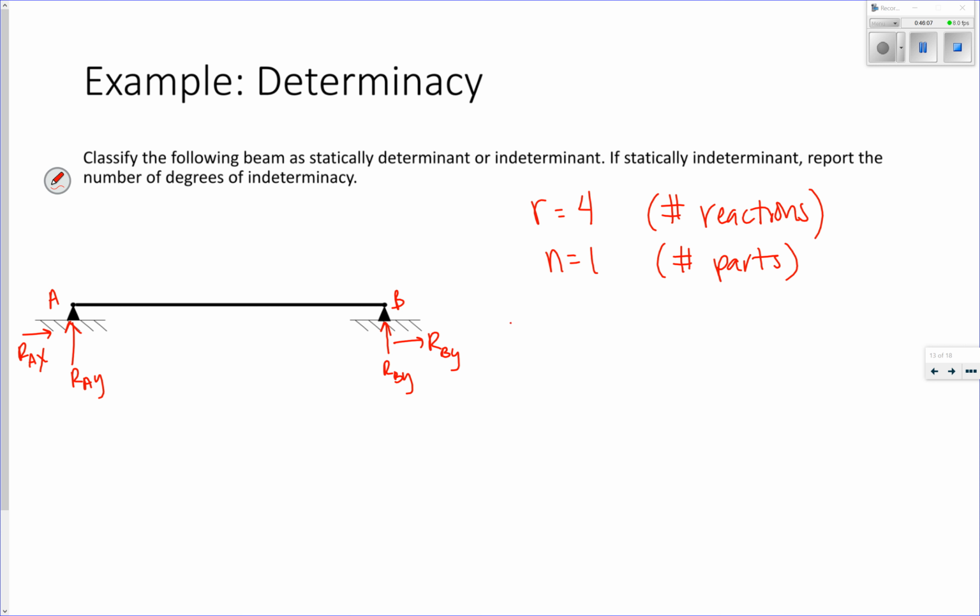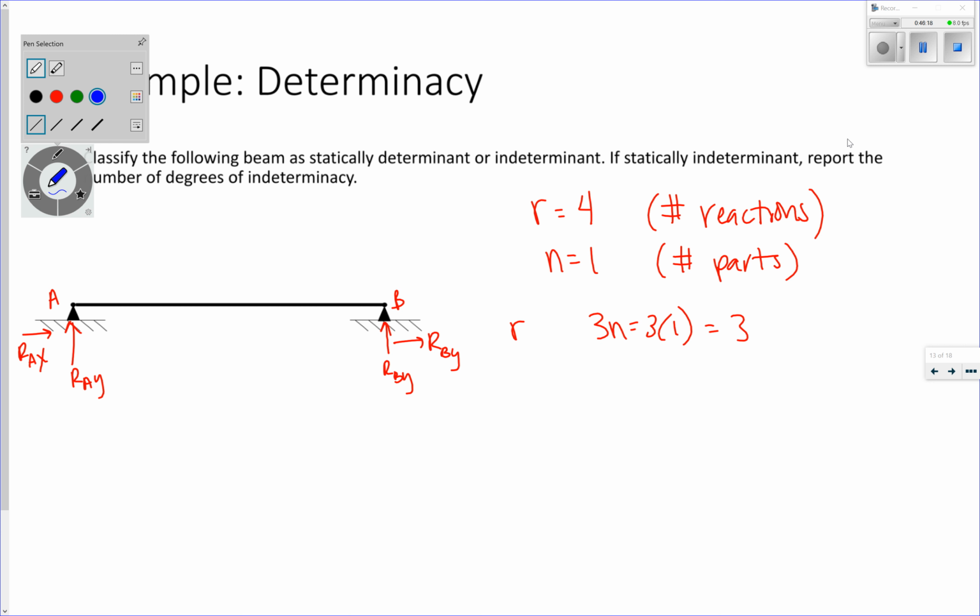So if I compare R to 3 times N, which is equal to 3 times 1, which is equal to 3, R is greater than 3. R equals 4, 4 is greater than 3.